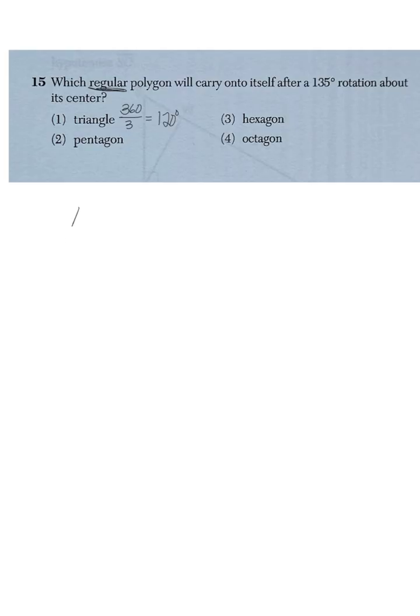Okay. So I could rotate a triangle 120 degrees. So here, let me just show you. If I rotate here, A to B, then B to C, then C to A, I have rotated 120 degrees. Okay.